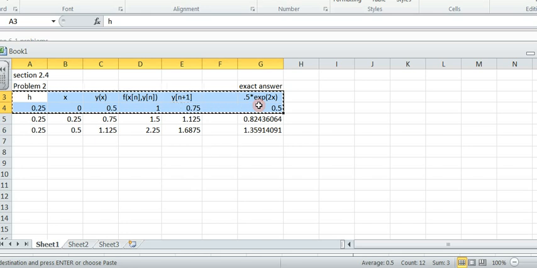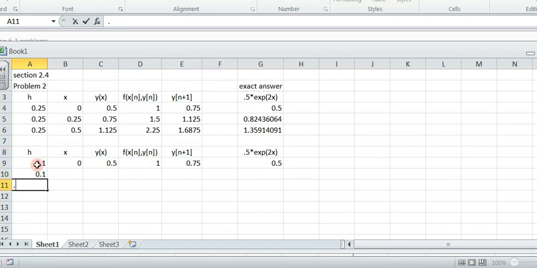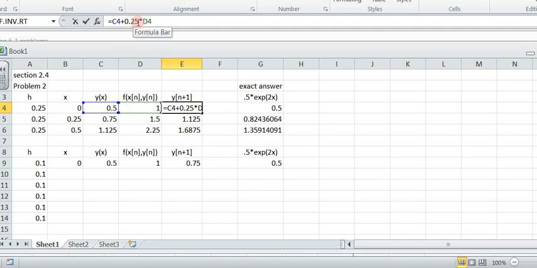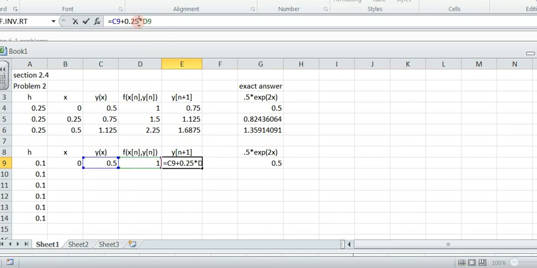So we'll copy everything, and we'll put in a 0.1. And we want to go out to a half: 1, 2, 3, 4, 5, and go to a half. I'm going to come back up here, and instead of calling it 0.25, I'm going to call it A4. That way, when I get down here, I'm not calling it A25, I'm calling it A9.